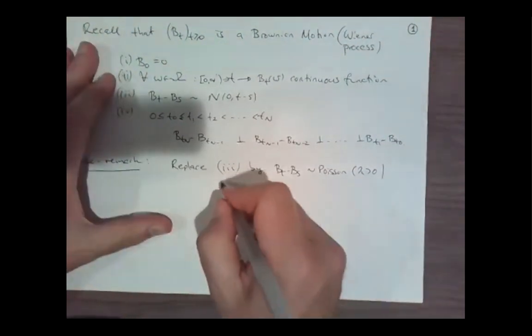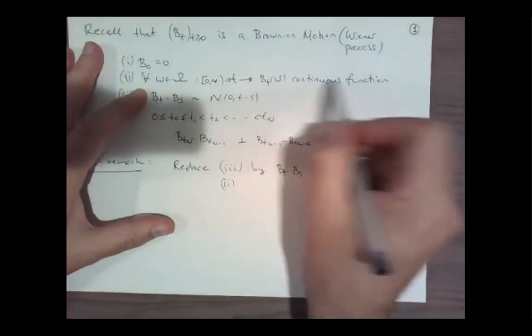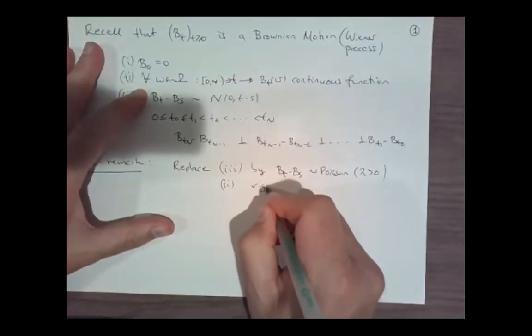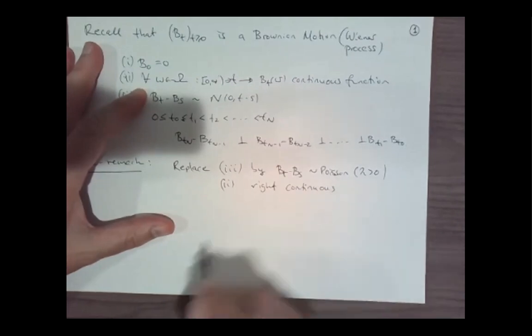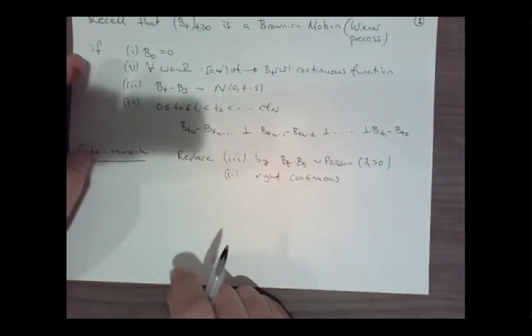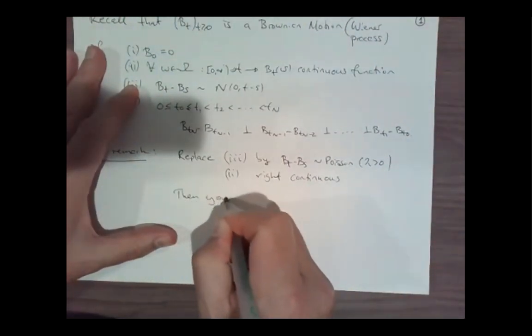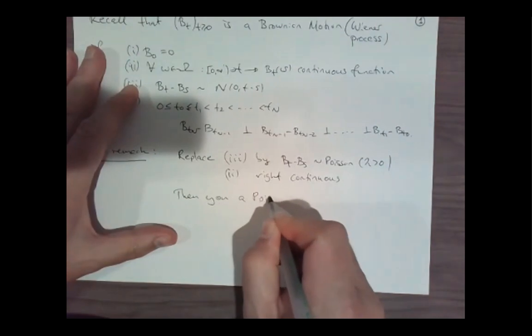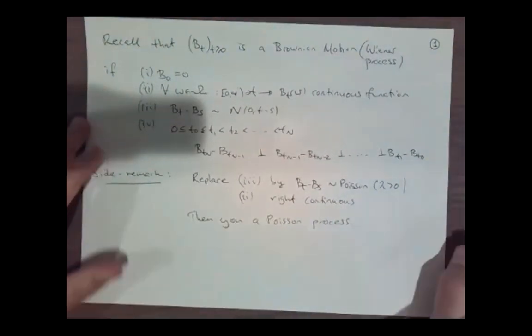And you could replace property 2 by saying that instead of continuous, you have right continuous. If you do that, then you get a Poisson process, which some of you probably have come across.